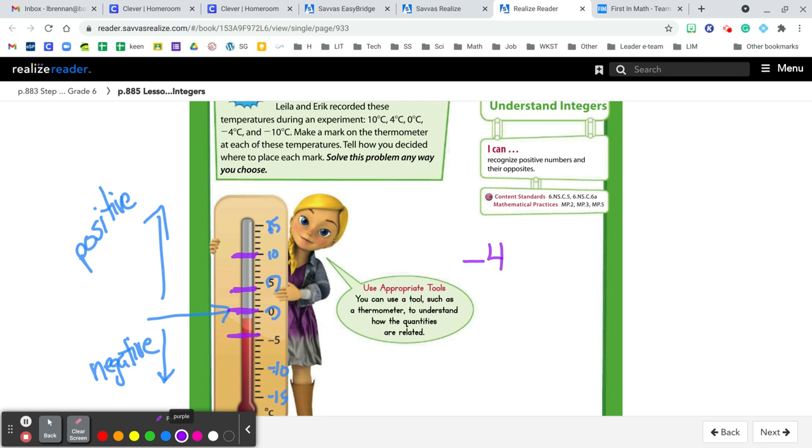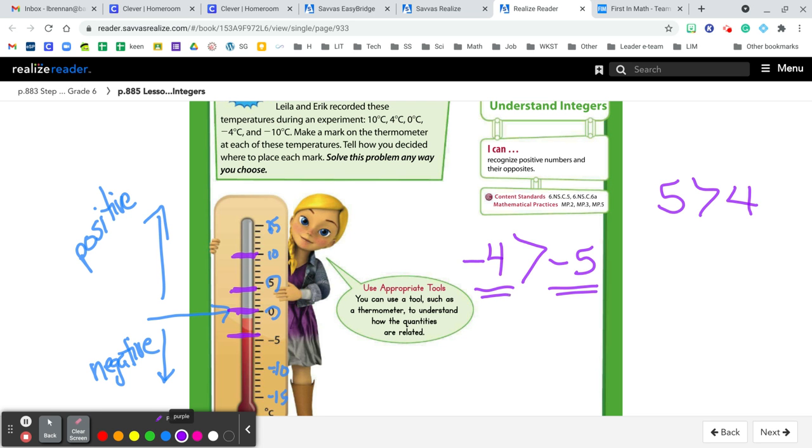If you say negative 4 is greater than negative 5, we say 5 is greater than 4, but remember, negative 5 is 5 steps smaller than 0, and negative 4 is only 4 steps smaller than 0. So be careful of that. That's a common error. And that's how we make our marks on a thermometer.